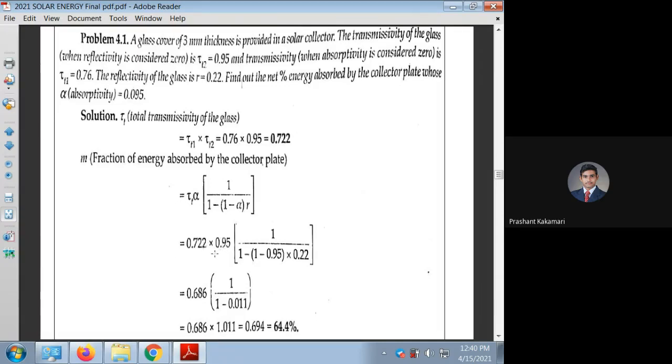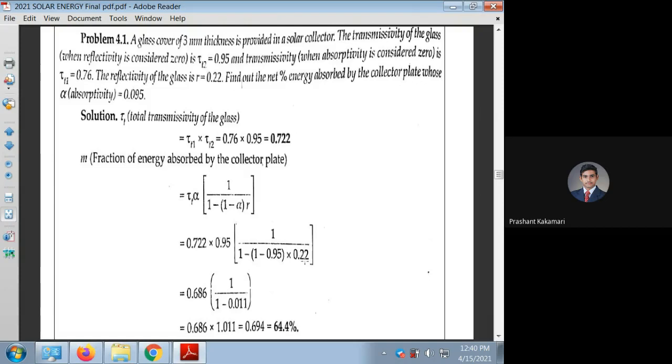Tau into alpha is 0.95 into bracket 1 divided by, I think here either absorptivity should be 0.095, should be substituted here in both the alpha values, or else you take this question itself as 0.95 for absorption as well as for the glass cover 0.95. Okay, so that is a correction what you have to make. Or take one more problem, substitute this 0.95 as 0.095, make it a new problem.